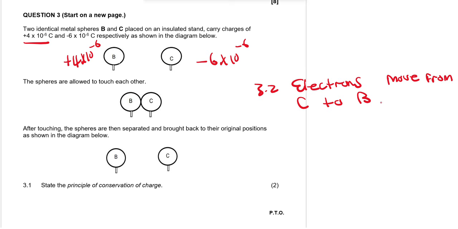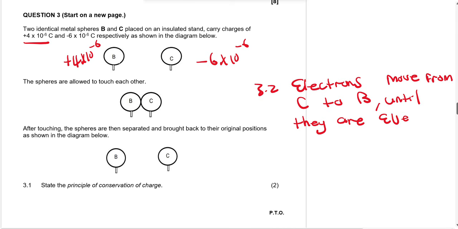And then, comma, until they are evenly distributed. Okay, evenly, no, this is the wrong spelling, evenly distributed.